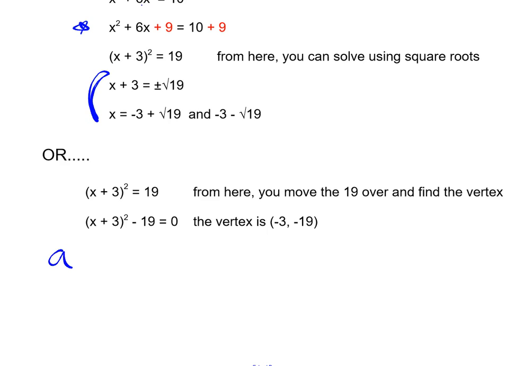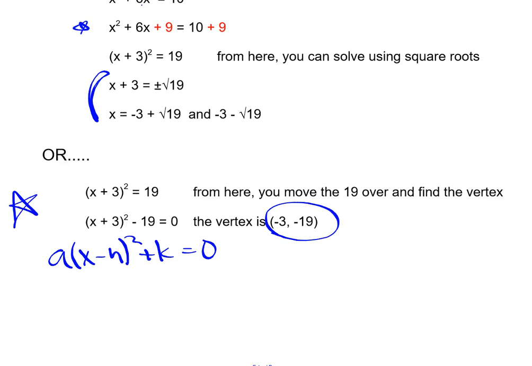Because this now looks like a times x minus h squared plus k equals 0. So the plus 3 moves us 3 to the left, the 19 moves us 19 down, and so the vertex is at negative 3, negative 19. So that's pretty nice right there.